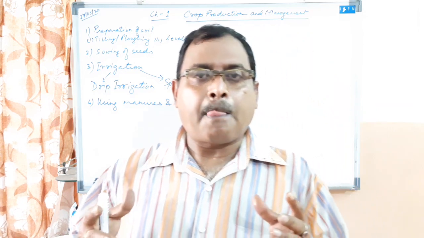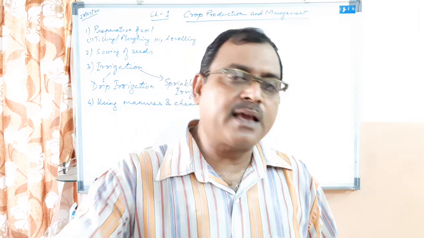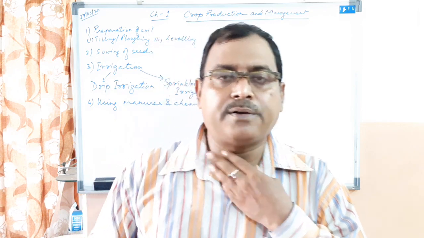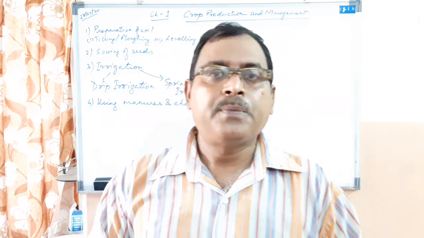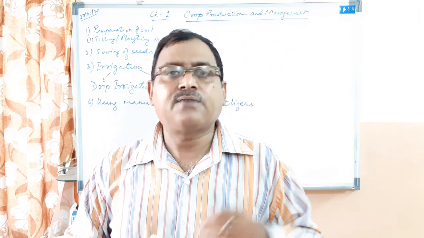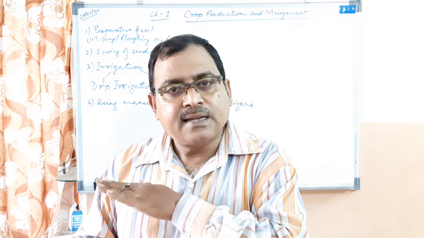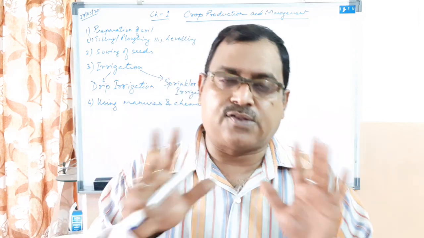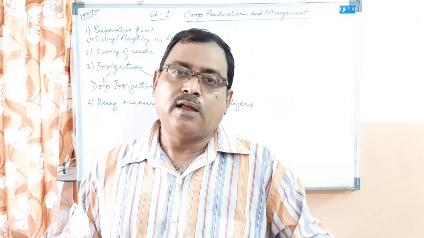So this manure is made by digging a big hole in the ground. It is filled with all sorts of decomposing organic matter like vegetable matter, plant matter, cow dung, etc. And then it is covered with big leaves.